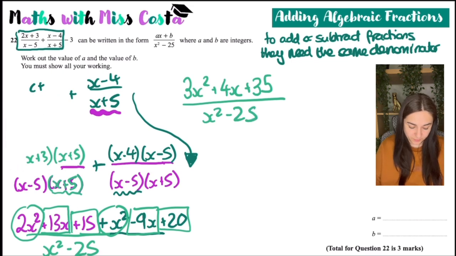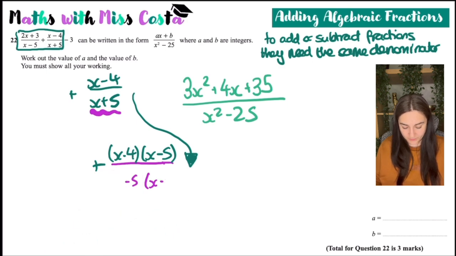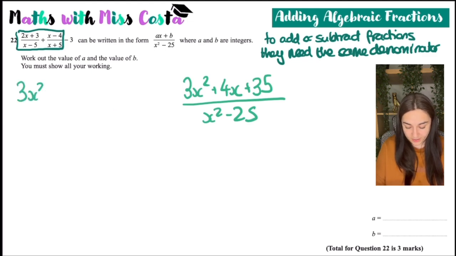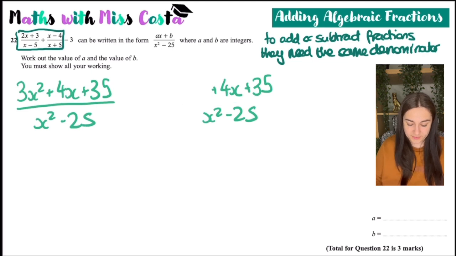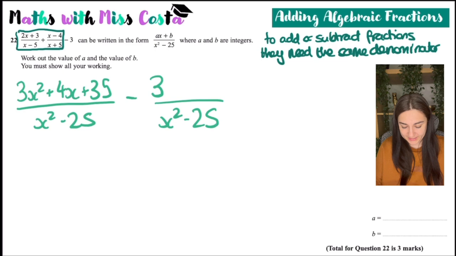So now I've dealt with the fractions, but I'm still left with, I need to subtract 3. So what do I do in order to add or subtract fractions? I know that they need to have the same denominator. So now that I've cleaned up the first part of the calculation, I'm going to have to ensure that 3, or minus 3, has a denominator of x squared minus 25 in order to be able to add or subtract them.